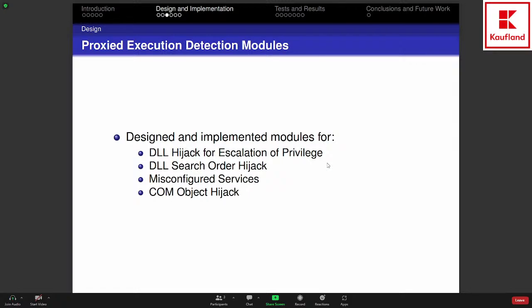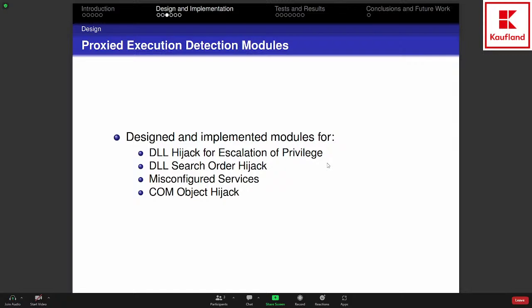You have search order hijack. This is another very classical pattern, similar to DLL hijack, but not necessarily for escalation of privilege. It's the same idea of tricking a process into loading a malicious DLL.